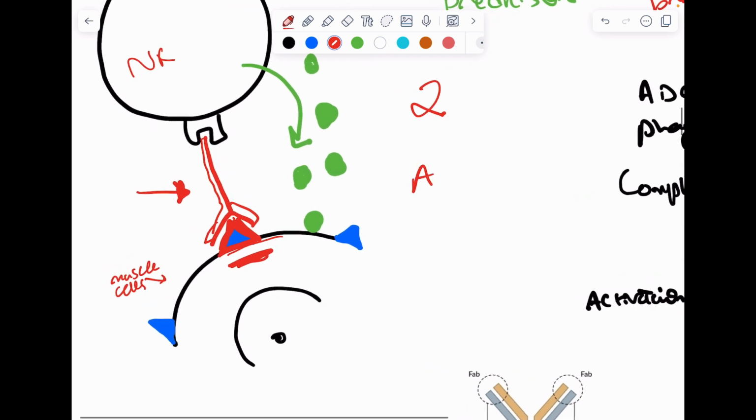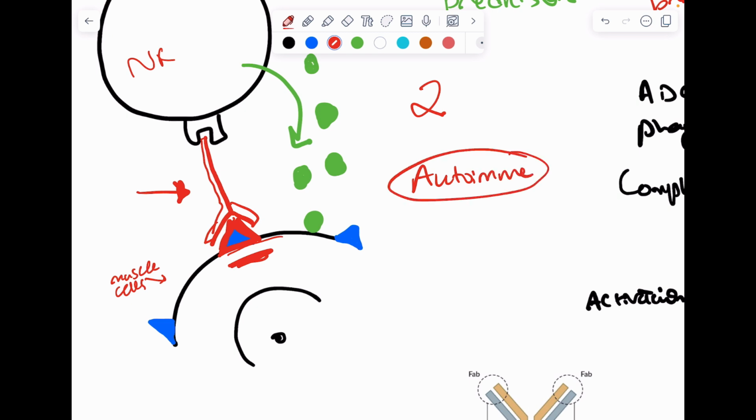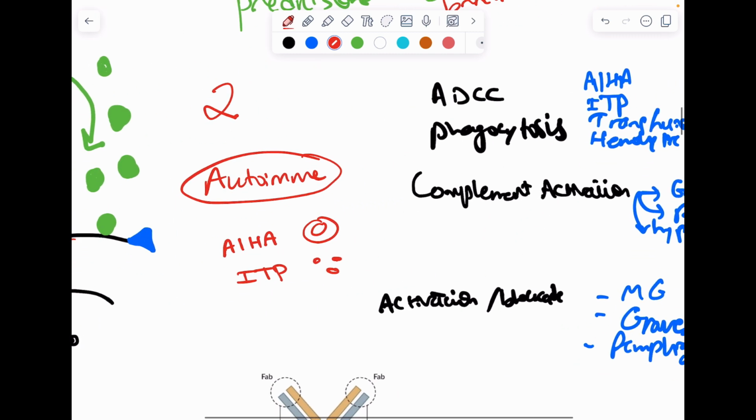Any autoimmune phenomena is more likely to be a type 2 hypersensitivity. Autoimmune attacks against red blood cells, called autoimmune hemolytic anemia, against platelets, called ITP, immune thrombocytopenia, that's also possible. What else?